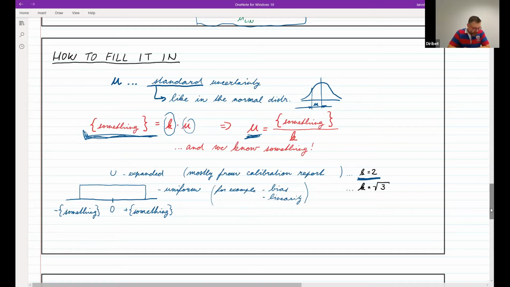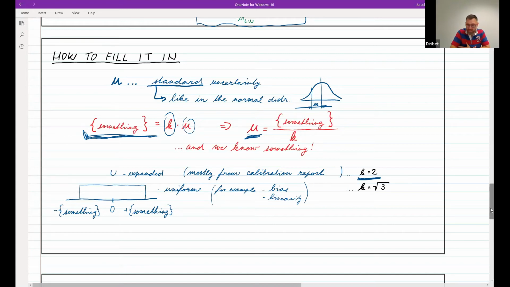And this is the uniform distribution is assumed in quantities like linearity or bias, or even in the realm of measuring process uncertainties, it would be the shape variation of the part. They are assumed to have a uniform distribution with a center at 0. And if this is the case, then the coverage factor would be a square root of 3.